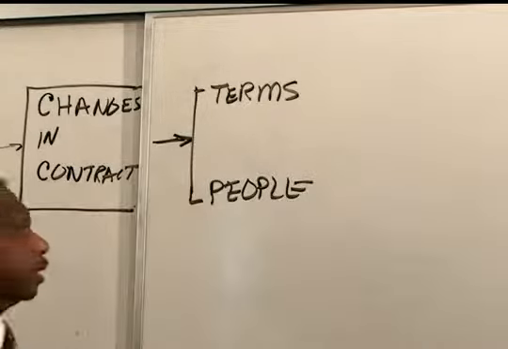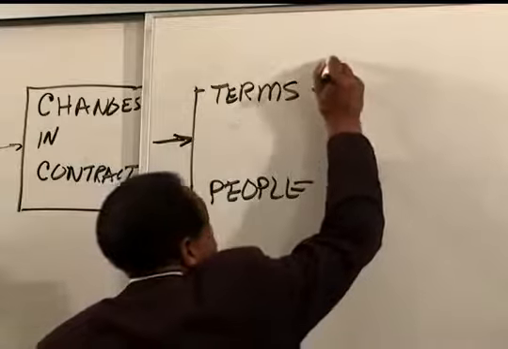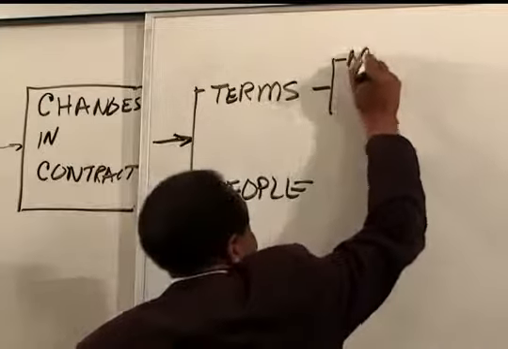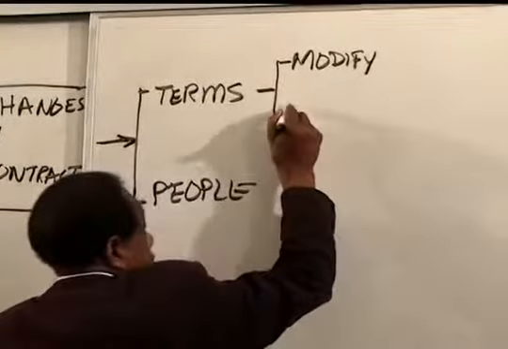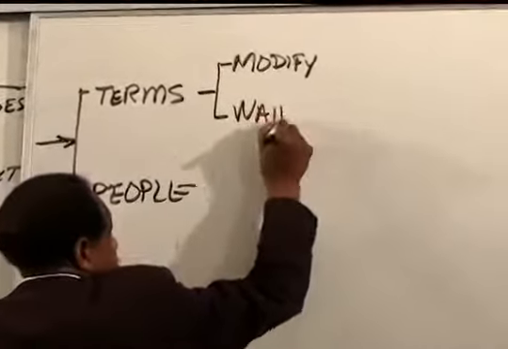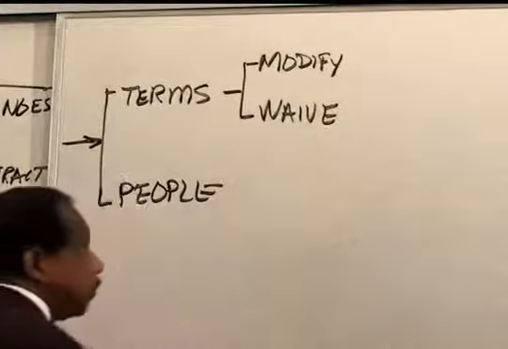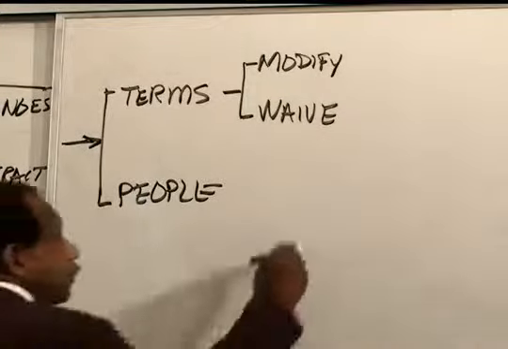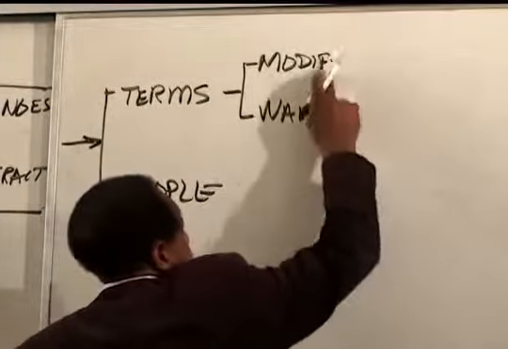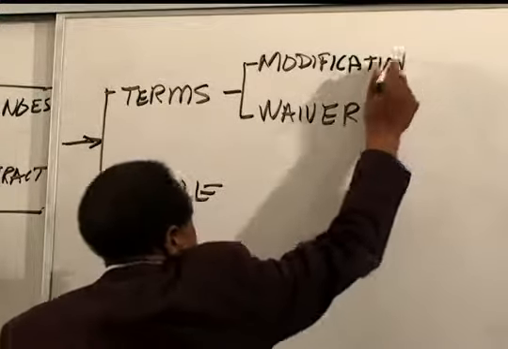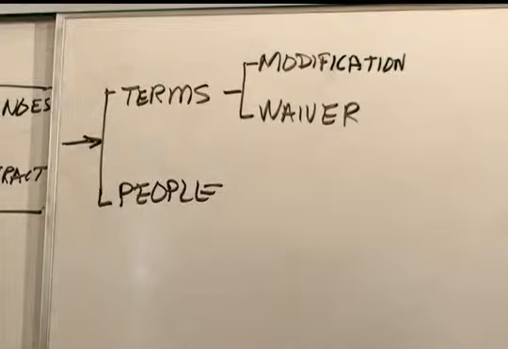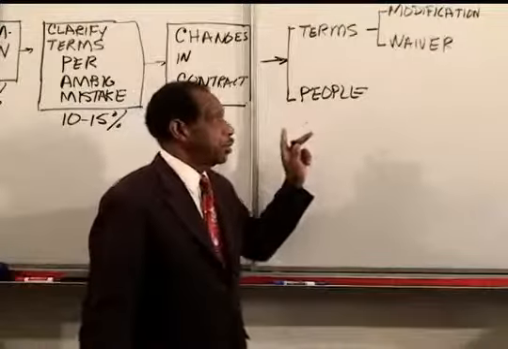Changing the terms of the contract, the two ways that can happen is you might modify the contract and you might waive a right. So modification and waiver are the two ways that you might change the terms of the contract.